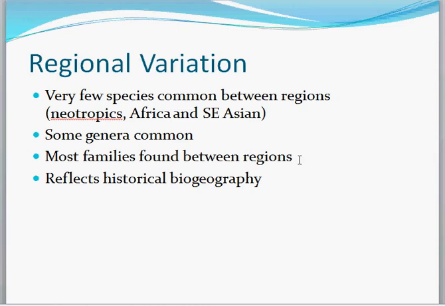The gamma diversity, say, between the Amazon basin and Central America, again, tends to be quite high. Okay, there are a few common species between the regions, but there are also quite a few species which are unique to, say, the Amazon basin and they're not found in the Central American region.